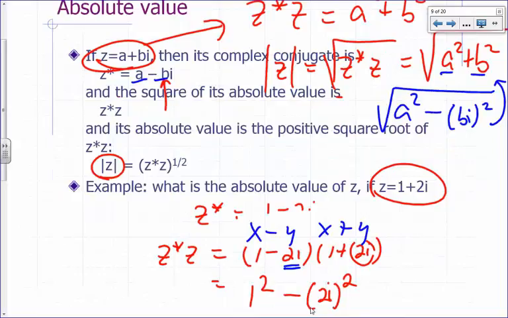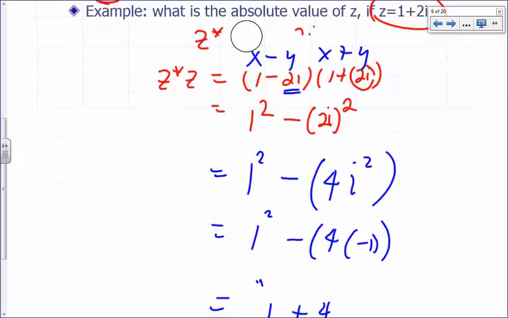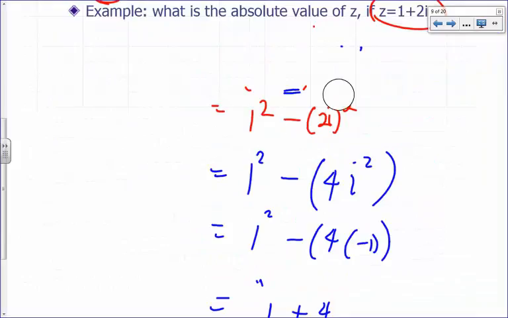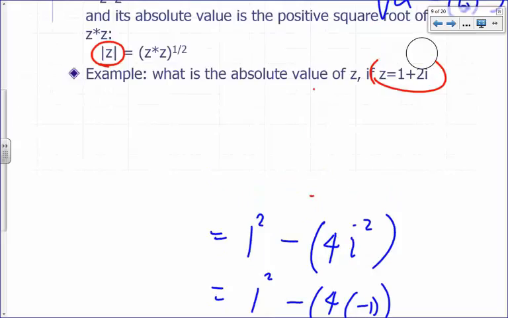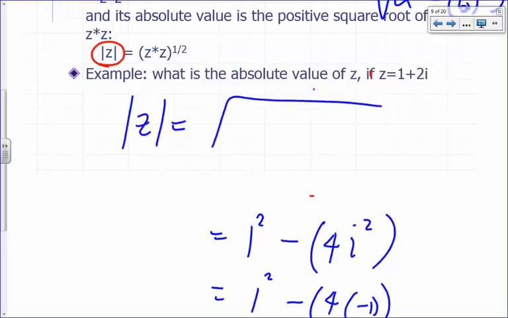You got it? Okay, so let's look at this example. What is the absolute value of 1 plus 2i? Absolute value of z would be the square root of 1 squared plus 2 squared, square root of 5. Okay?